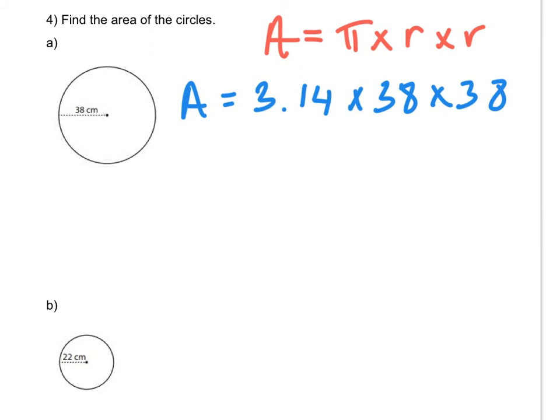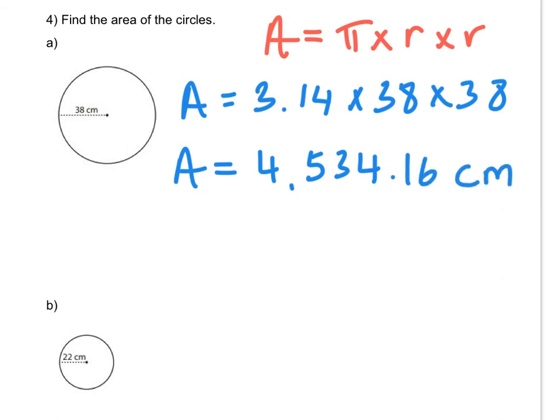Perfect, so you go straight into your calculator and it equals 4,534.16. And in this case, it's centimeters, but we're talking area, so centimeters squared.